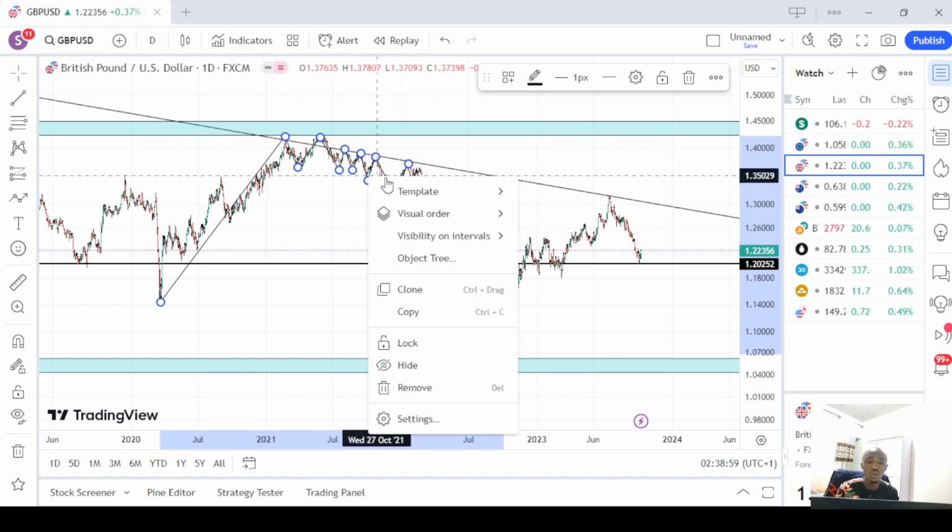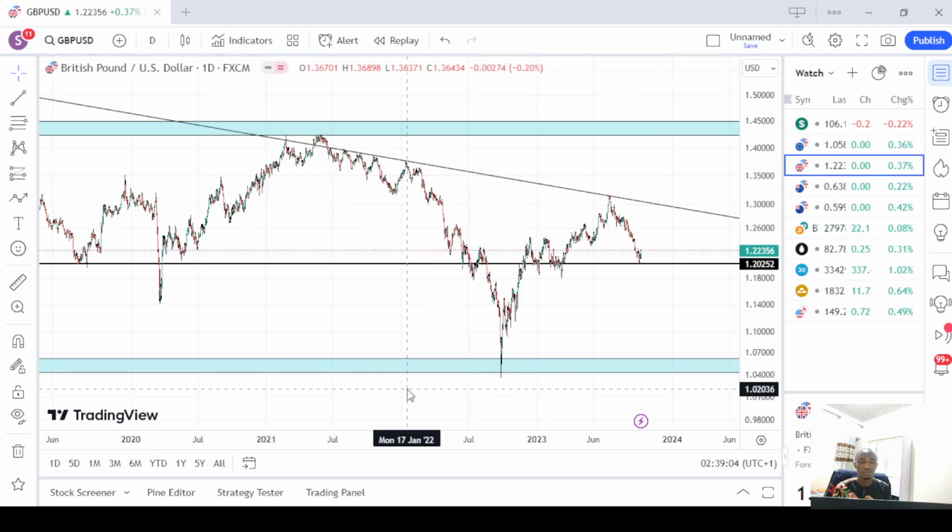Once you look out for this, you will be on the safer side of the market. So that's that with Euro USD and GBP USD. Should I explain any?